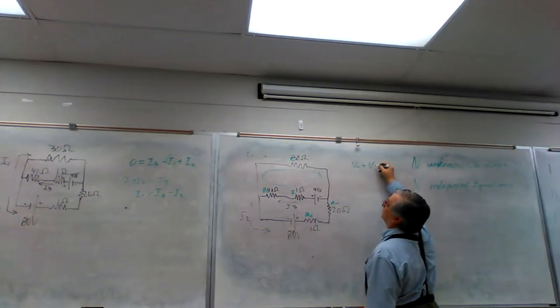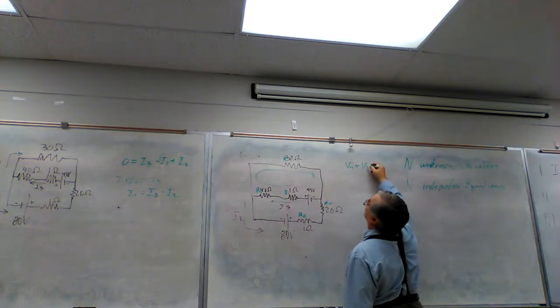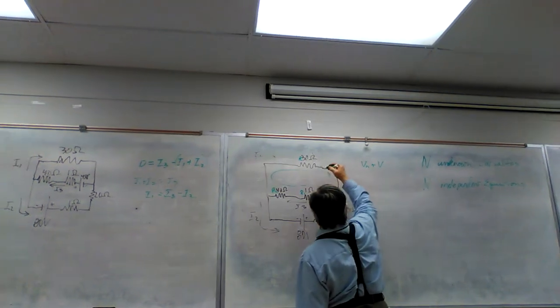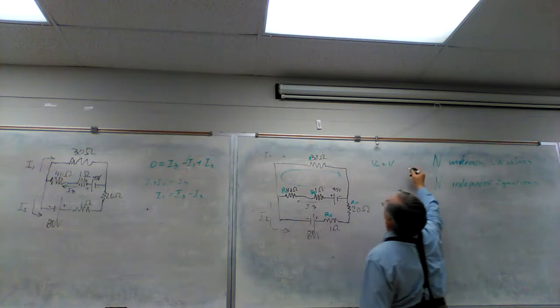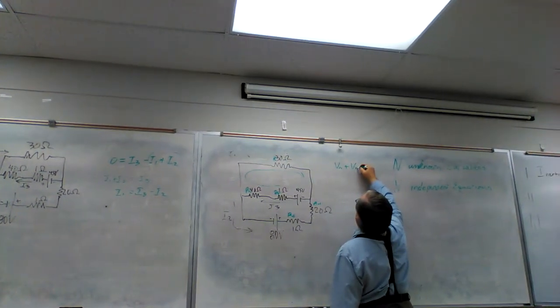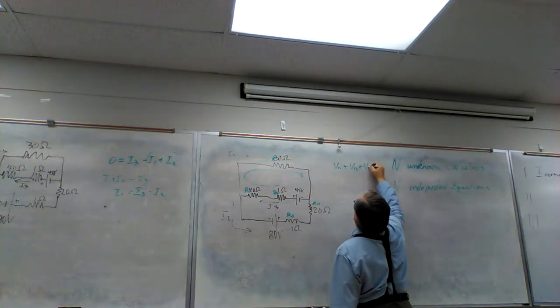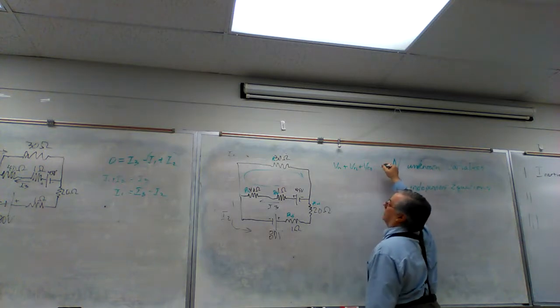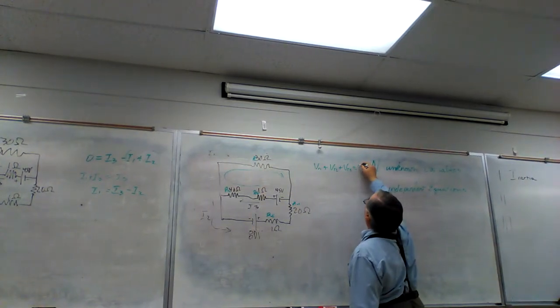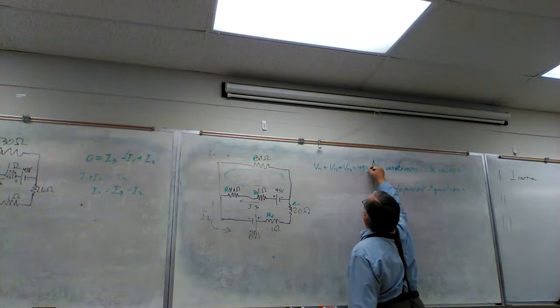We know that the voltage on R1 plus the voltage on R2 plus the voltage on R3 have to equal 45 volts.